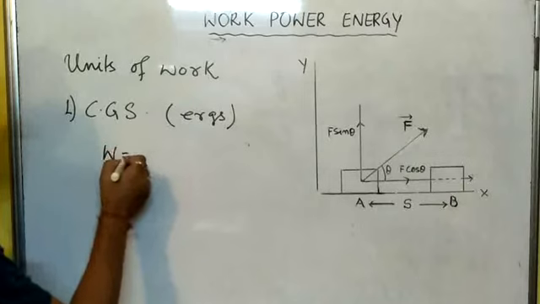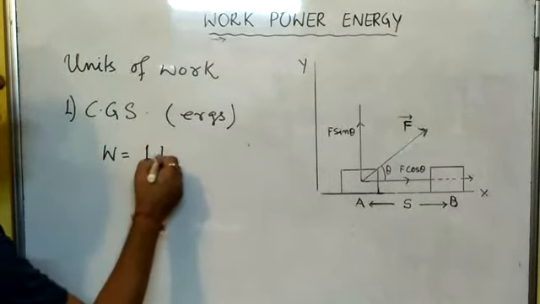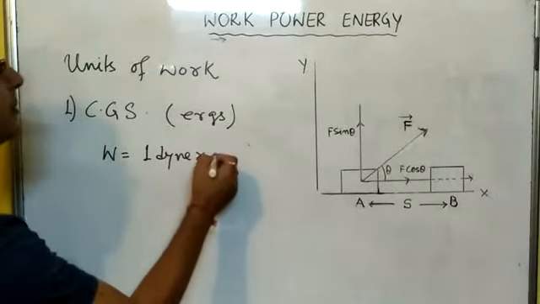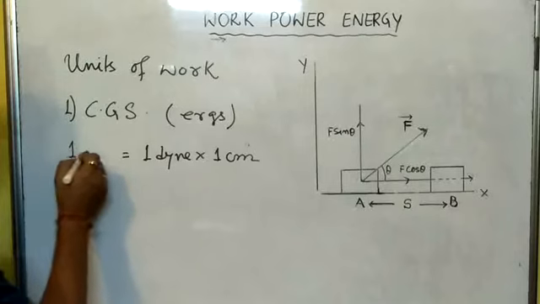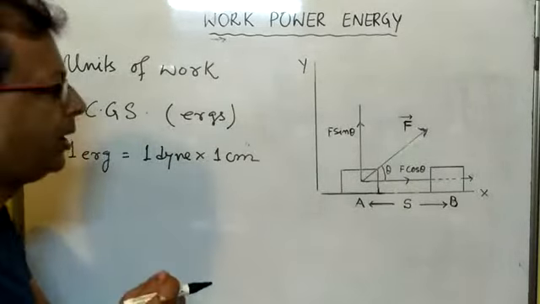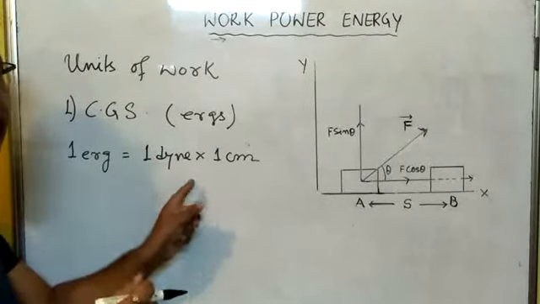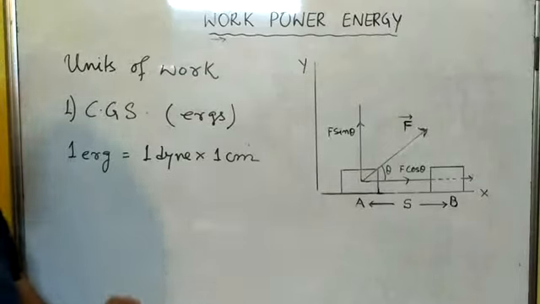Work is equal to force, which is 1 dyne, into displacement, which is 1 centimeter. So this is equal to 1 erg. What is 1 erg of work? When a force of 1 dyne causes a displacement of 1 centimeter, it is called 1 erg.